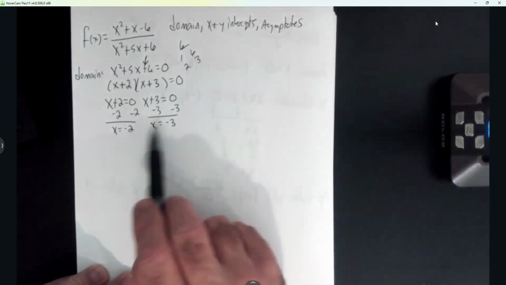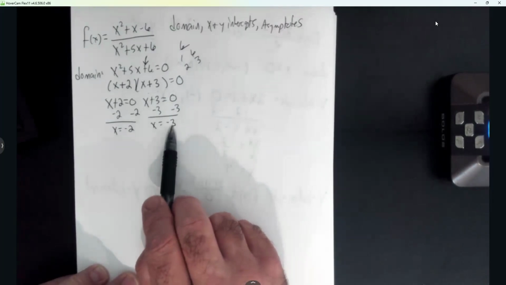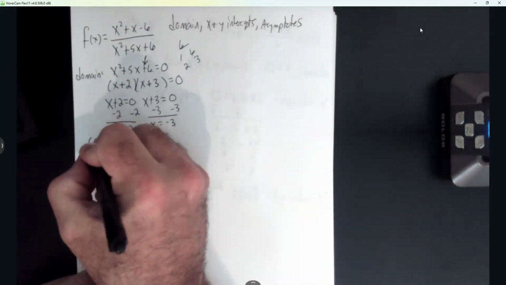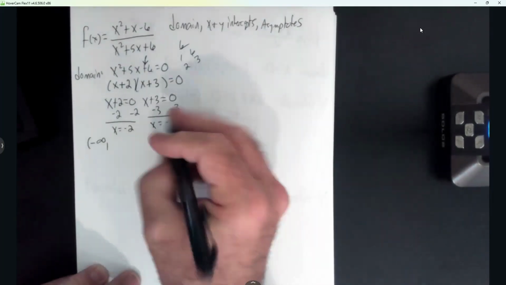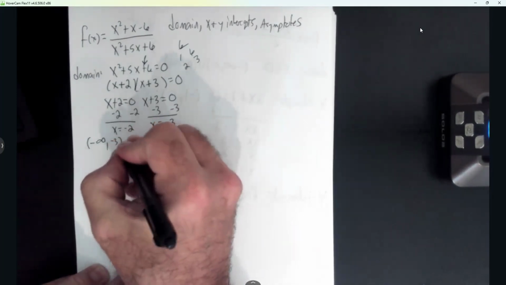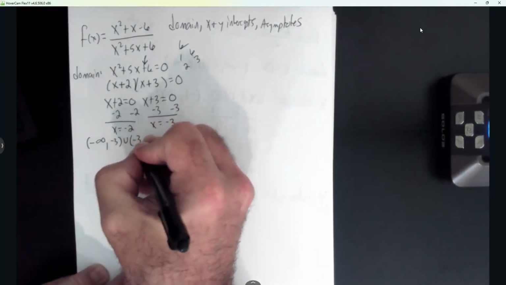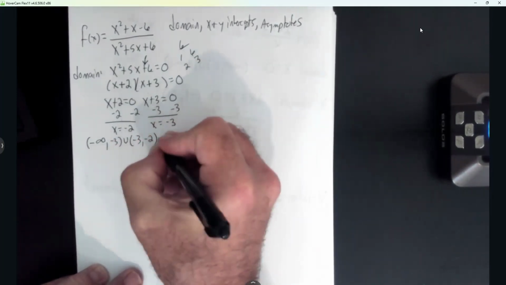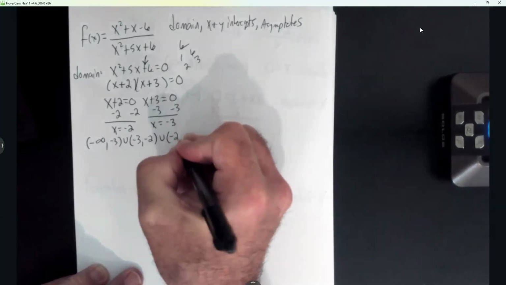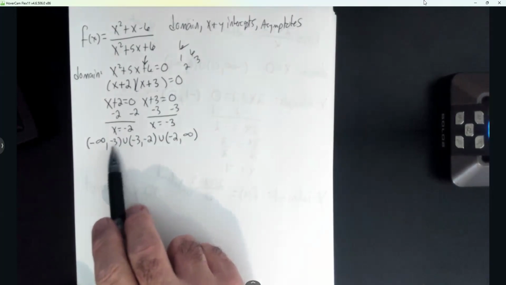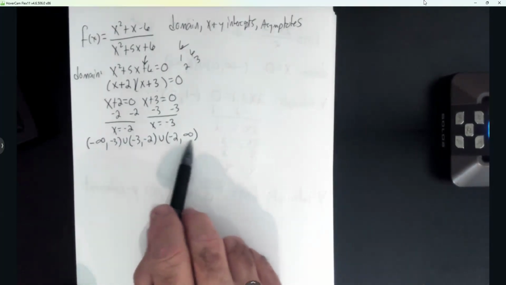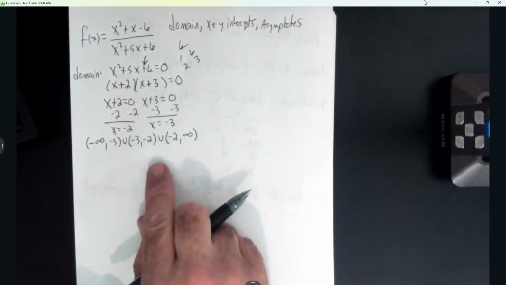You would have had one at -2 and at -3, okay? All right, so my domain for this is -infinity to -3, union -3 to -2, union -2 to positive infinity. Make sure these numbers go in the right order. All right, so that's the domain.